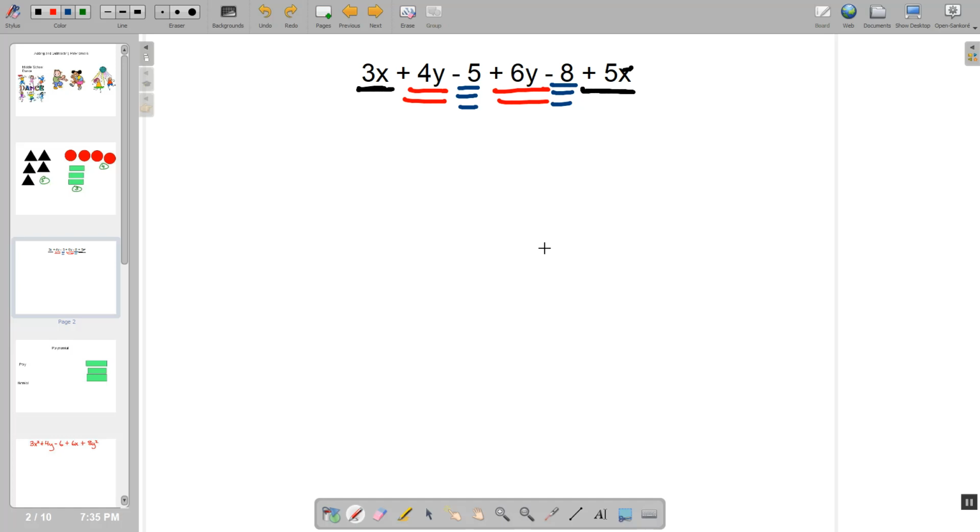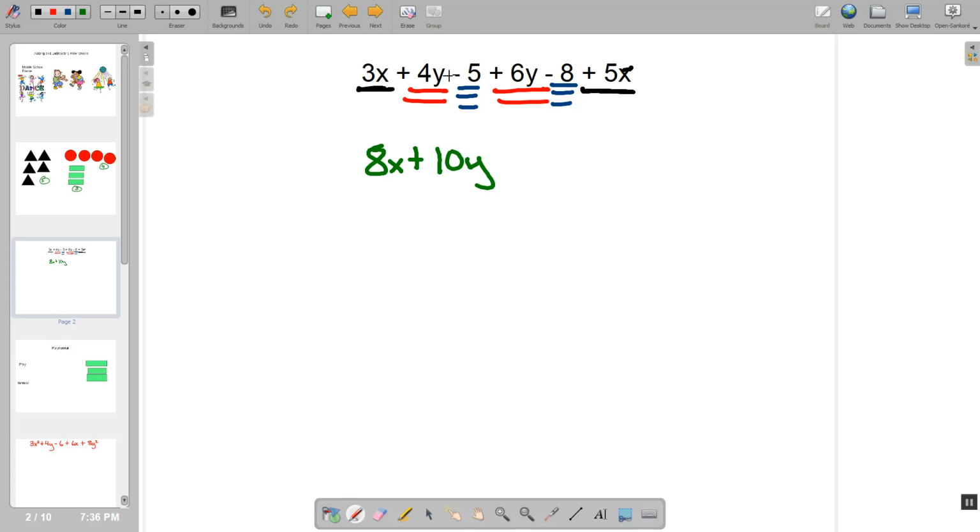And now I want to combine what can be combined and separate what can't be. So my x's, I have 3 x's and 5 x's. And they combine together to give me 8 total x's. Next, I combine my y's. I have +4y, +6y, which gives me a total of +10 y's.